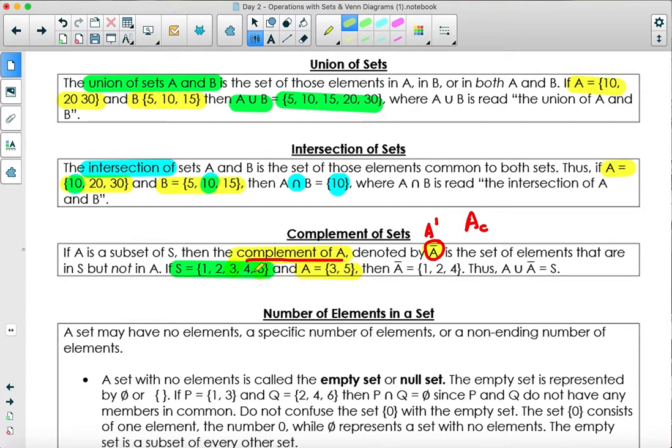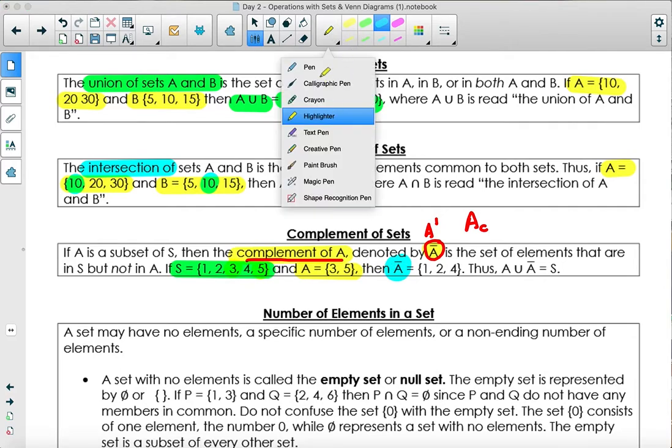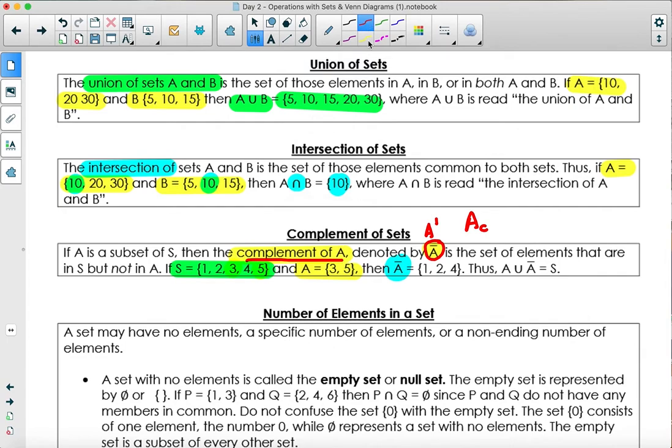So we would say that A is a subset of S. When it is a subset, then when I come along and I ask you for the complement of A, that means you are removing everything from set S that set A had in it. So in other words, I'm going to remove the 3 and the 5 since that's what set A had. Therefore, the complement of A is 1, 2, and 4.